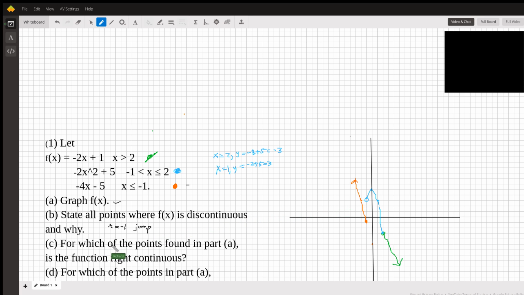For which of the points found in part A, I'm not sure what part A means, that's just the graph, but I think they mean above. They probably mean part B. For which of the points found in part B is the function right continuous, or no, they mean the whole graph, right continuous. So right continuous means as x approaches infinity.